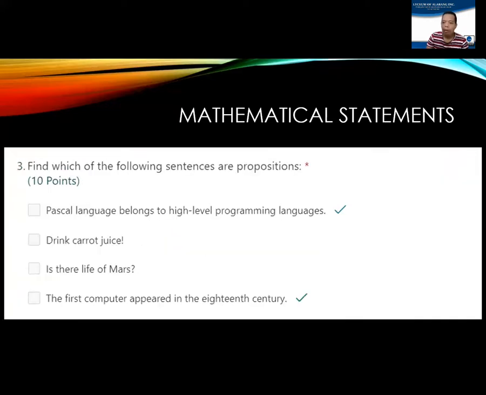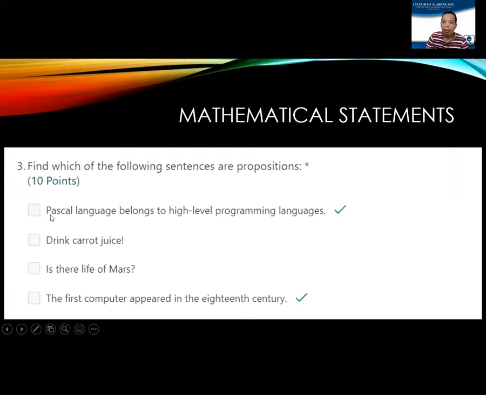For number 3, find which of the following sentences are propositions. For choice number 1, Pascal language belongs to high-level programming languages, is a true proposition, while the first computer appeared in the 18th century is a false proposition.